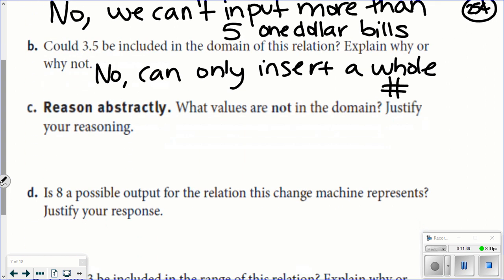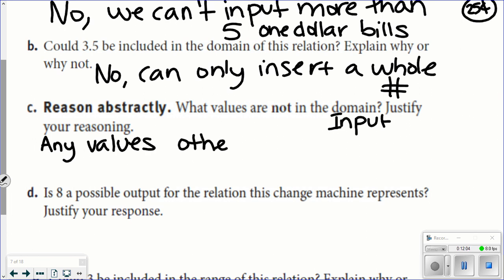C, what values are not included in the domain? Remember, the domain is input, which is $1 bills, and we can only insert up to 5. So instead of listing all the numbers that are not in the domain, let's write it out like this. Any numbers other than what we can put into the machine.